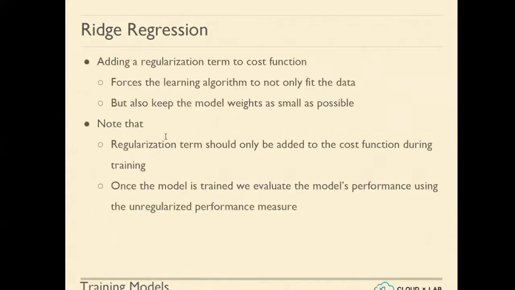And this regularization term should only be added to the cost function during training. Once the model is trained, we will evaluate model performance using an unregularized performance measure, right?